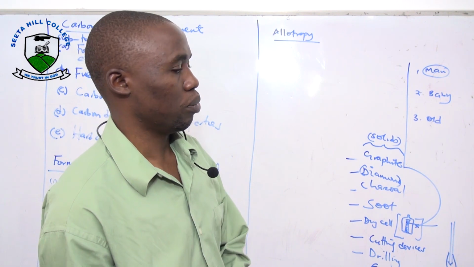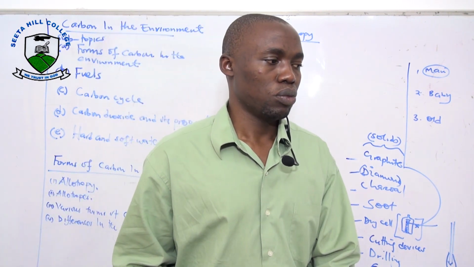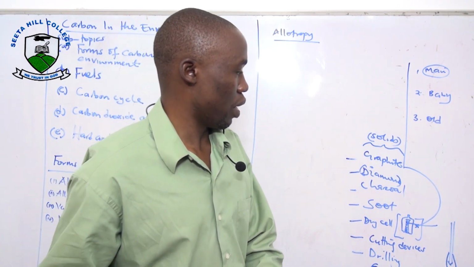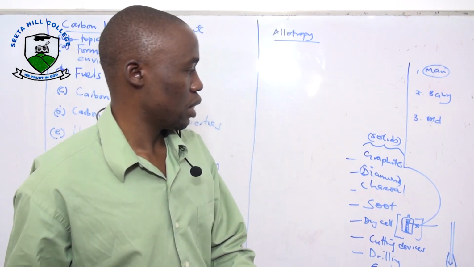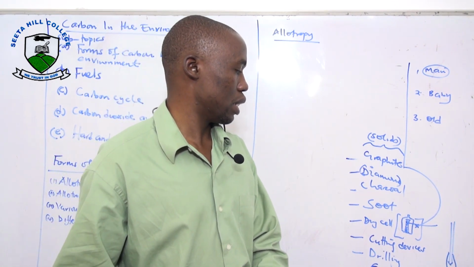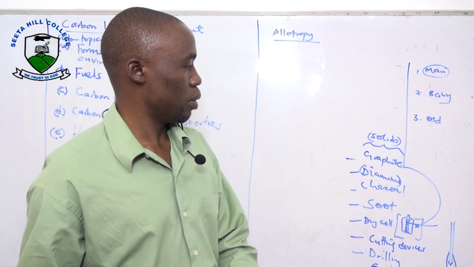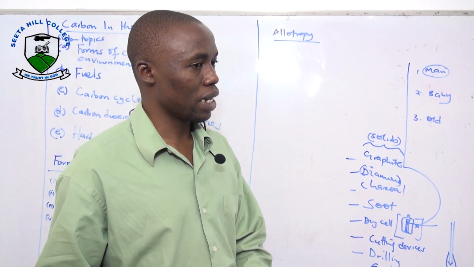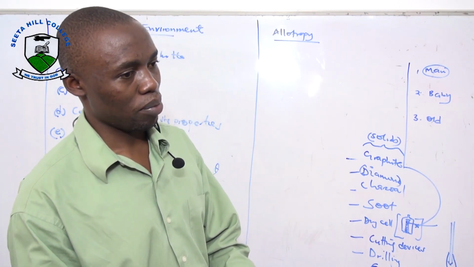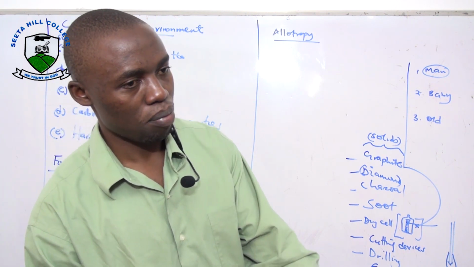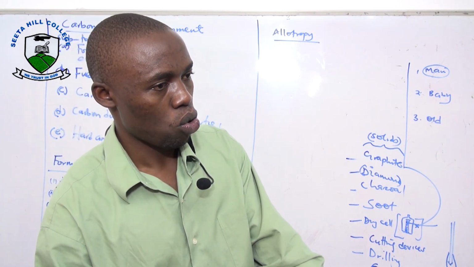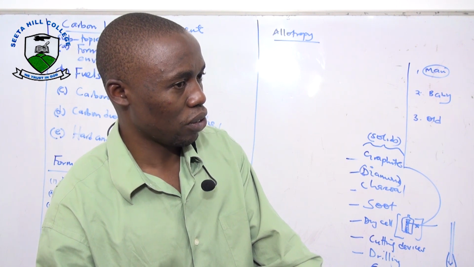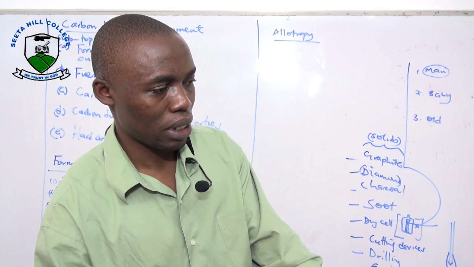It exists as graphite, a solid, as charcoal, a solid. See? It means existence of an element in more than one form, but the same physical state. Physical is that solid state of carbon.